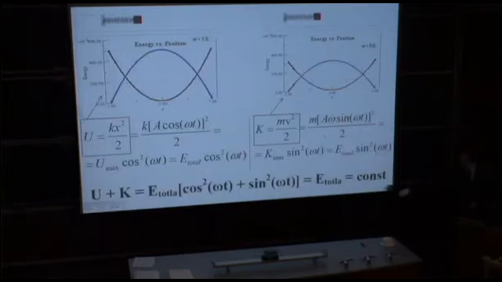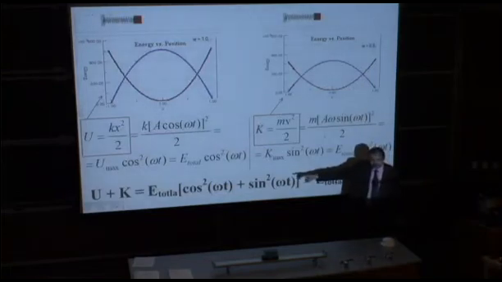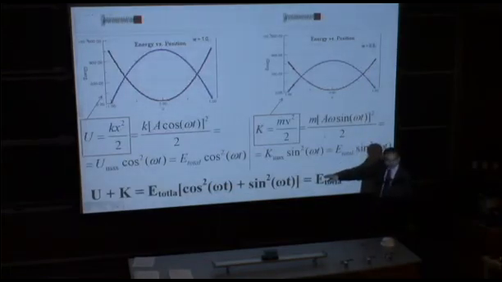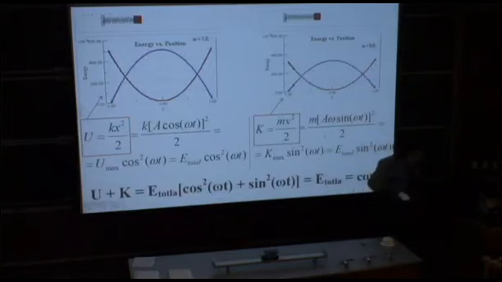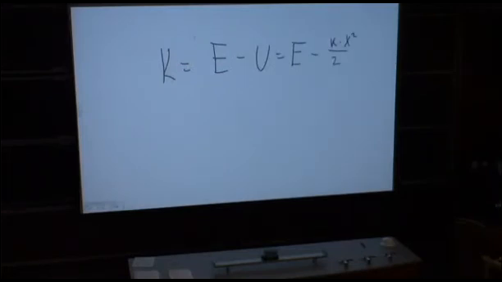So if you want to calculate the kinetic energy, all I need to do is just take the total energy and subtract potential. So that's how it's done here on this graph. Kinetic energy is equal to the total energy minus potential energy, which is equal to a fixed number minus this expression.